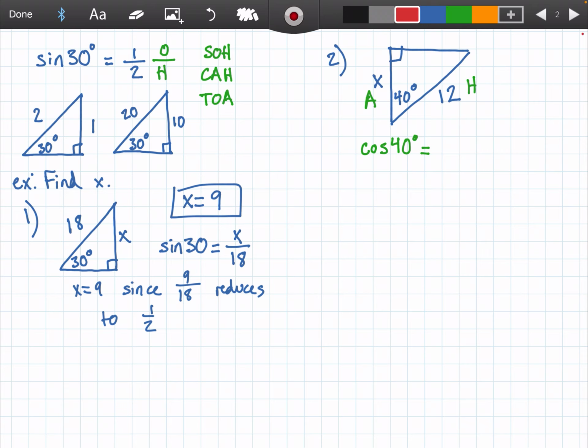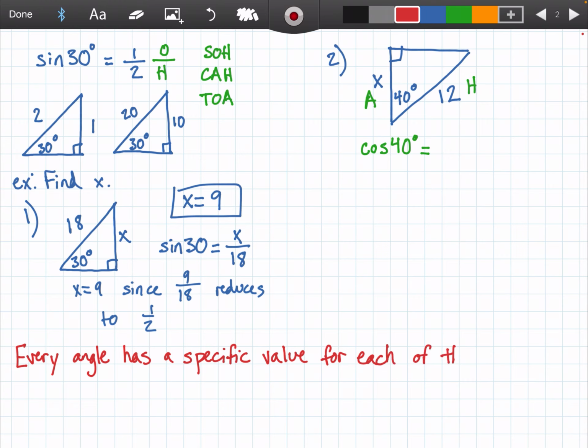But here's what I want you to know, is that every single angle has a specific value for each of the trig ratios. So for example, sine of 30 is always 1/2.